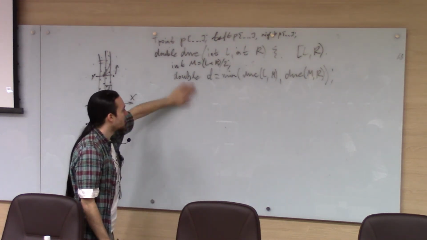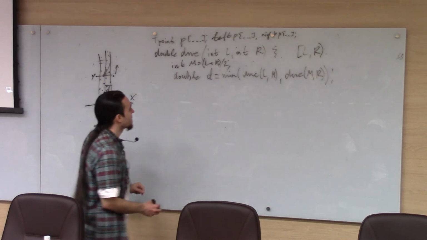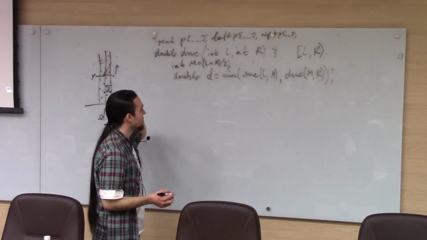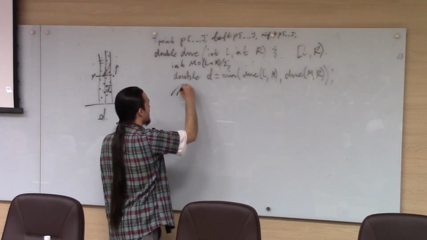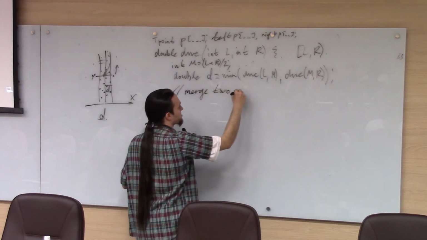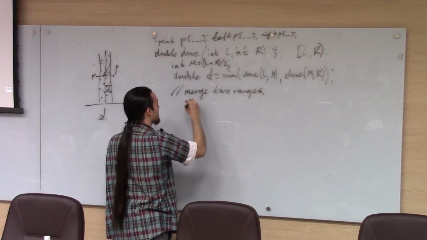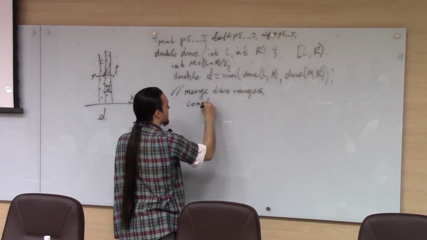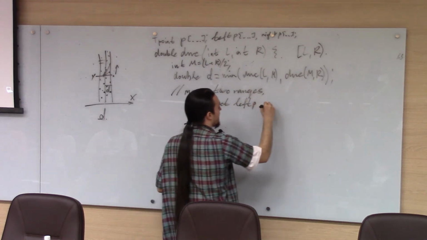So here we do our merge procedure. I won't go into a lot of details here. I will just write merge two ranges, and also construct the left part and the right part.